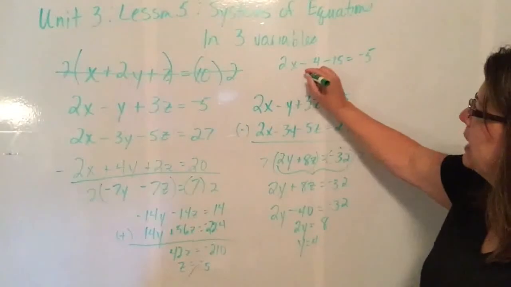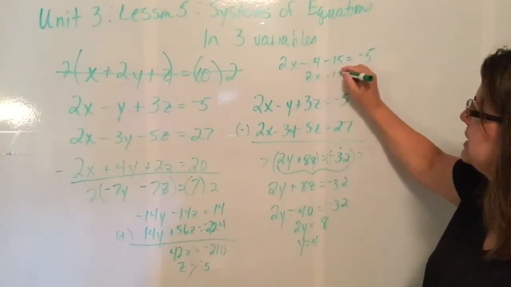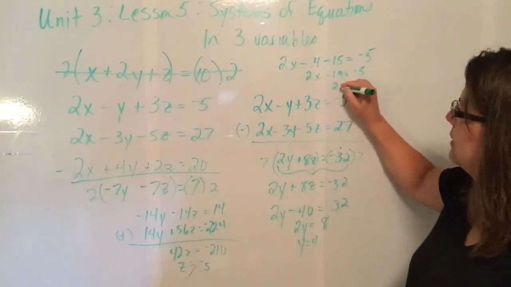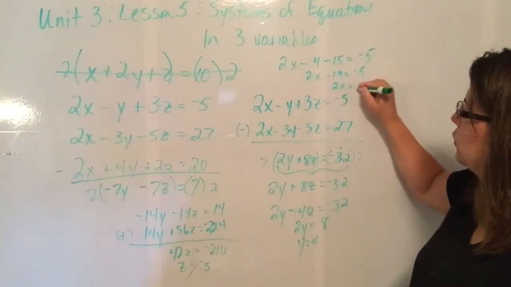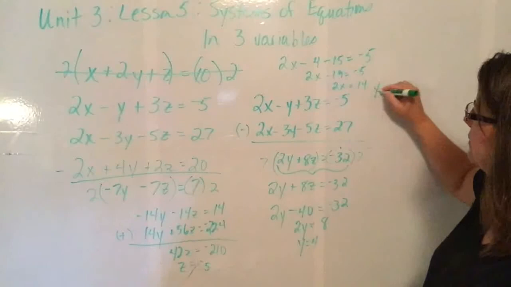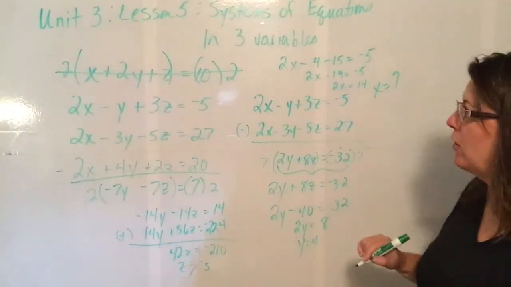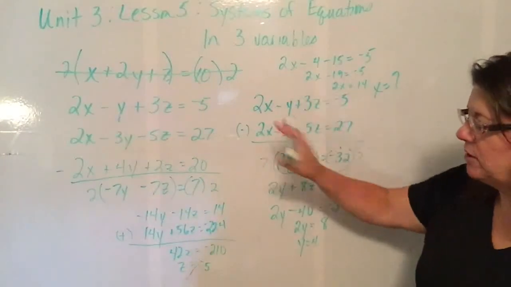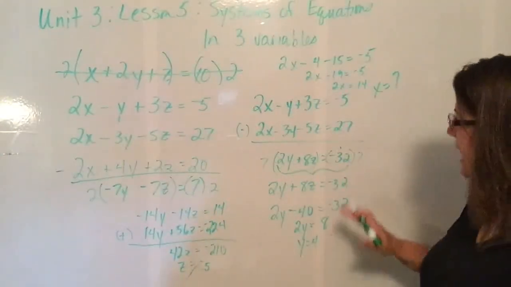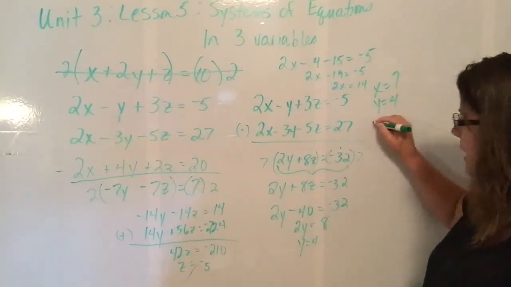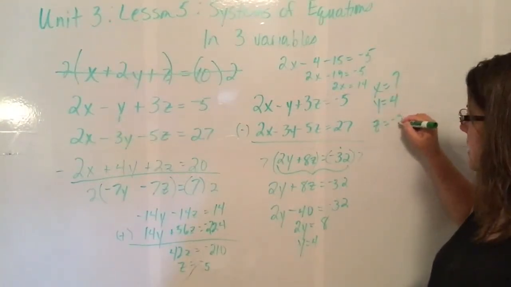So I have 2x minus 19 equals negative 5. So 2x equals 14. So that means x equals 7. So I have solved the system of three equations. My x value is 7, my y value is 4, and my z value is negative 5.